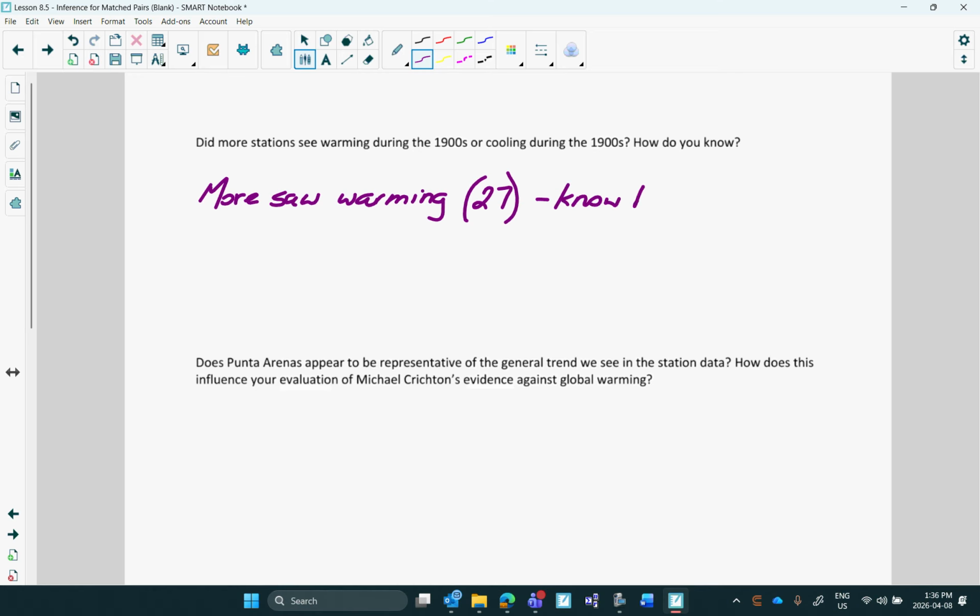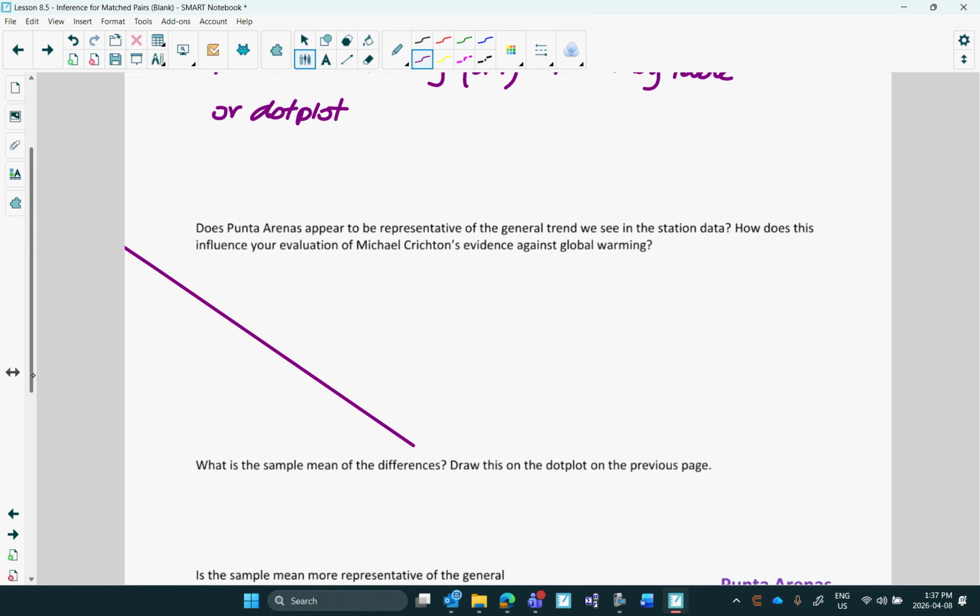We can know by the table that we were given, or the dot plot that it was converted to. And does Punta Arenas appear to be representative of the general trend? Obviously not.